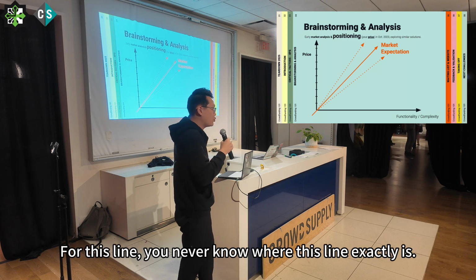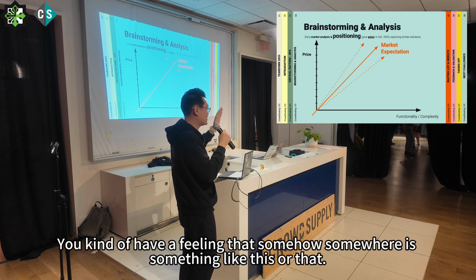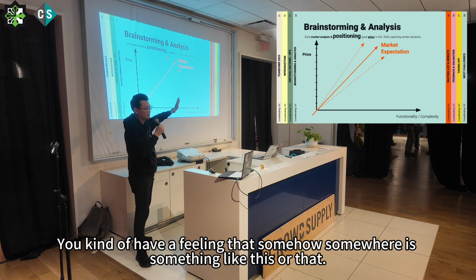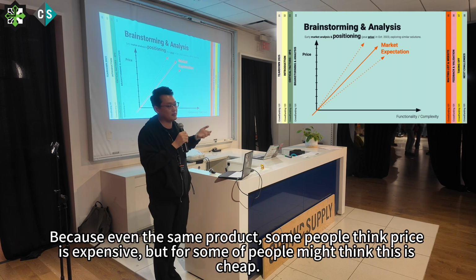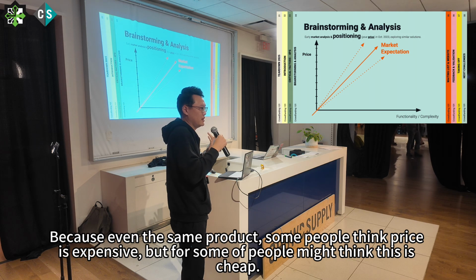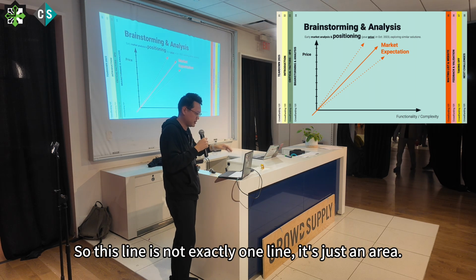And this line, you never know where exactly it is, but you kind of have a feeling that somewhere it is something like this or that. Because even for the same product, some people think it's quite expensive, but some people might think it's cheap. So this line is not exactly one line, it's just an area.